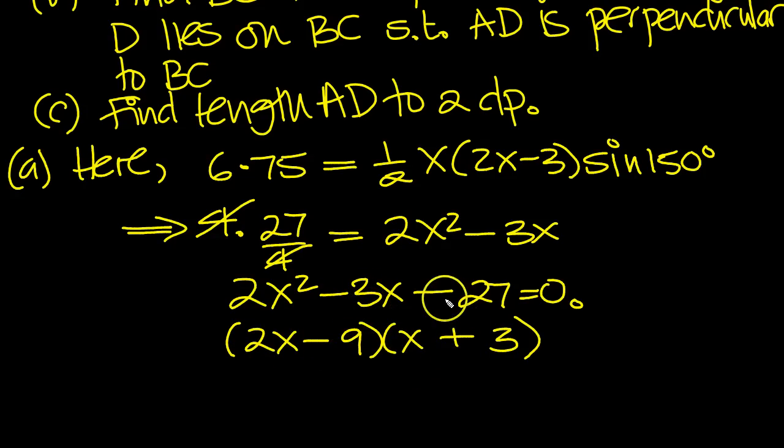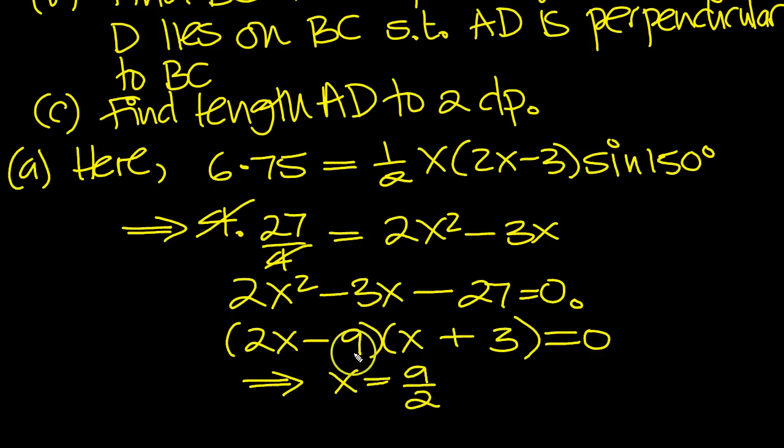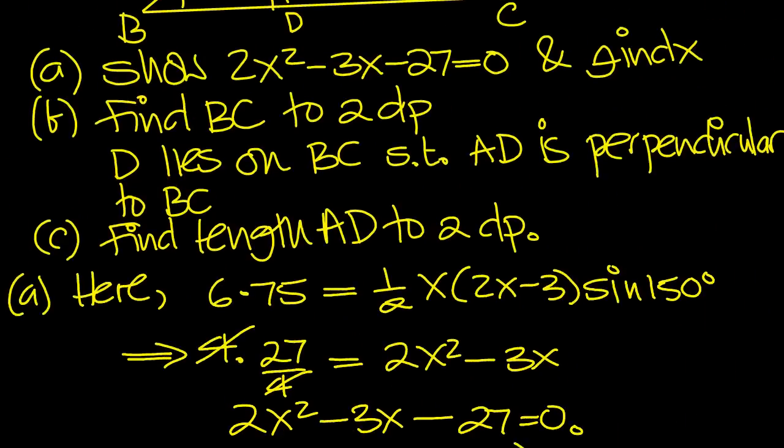Minus times plus is a minus. 9 threes are 27. This will give a negative x, which we're not interested in for this problem, and this will give x equals 9 over 2 as a solution here, and that's 4.5 centimeters, isn't it? Okay, so that's our answer then for x.